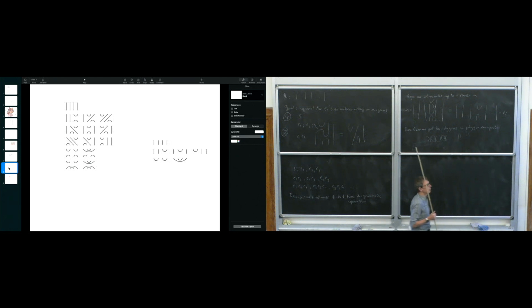So for instance, if I look at the second row, we have a diagram like this. And then if I take, say, this guy here and flip it, what do I get? I get something like this. Okay, so of course now I can just glue these guys.